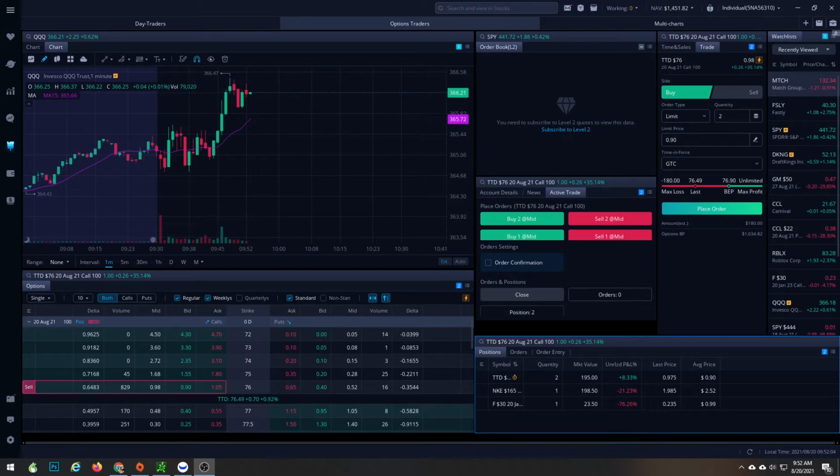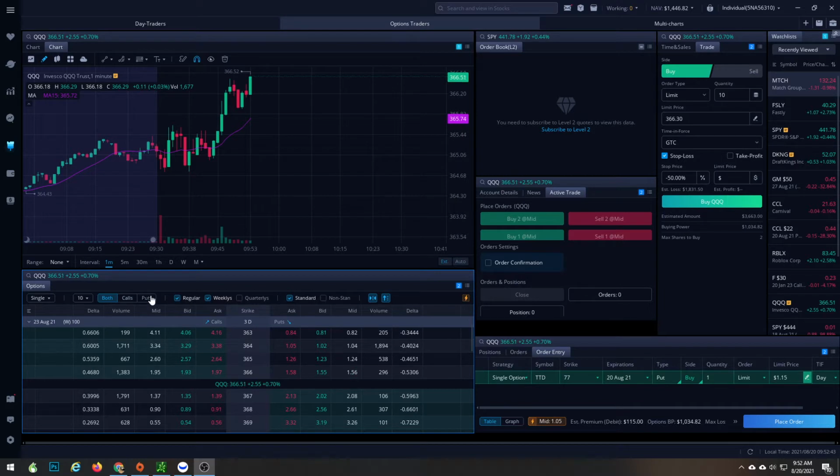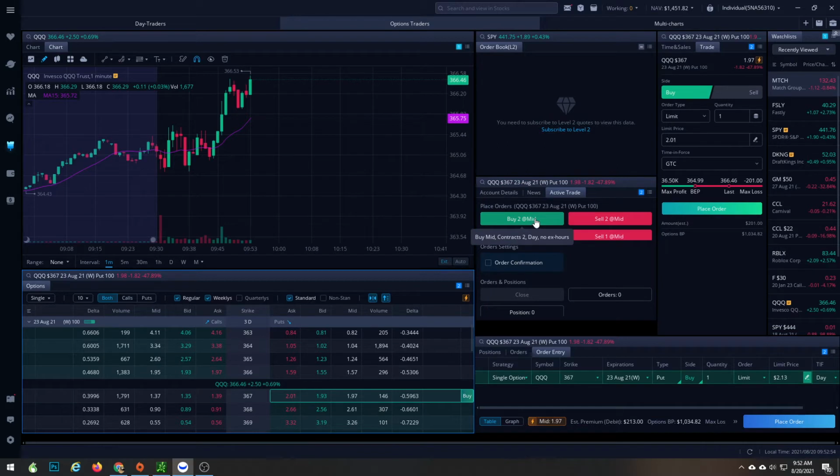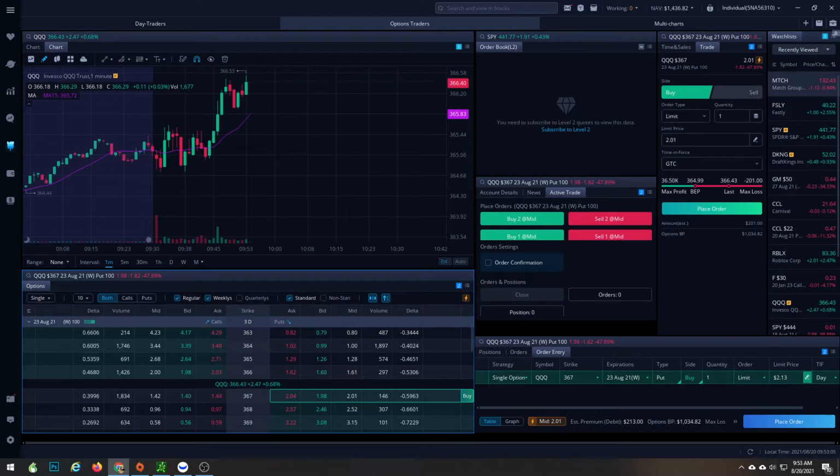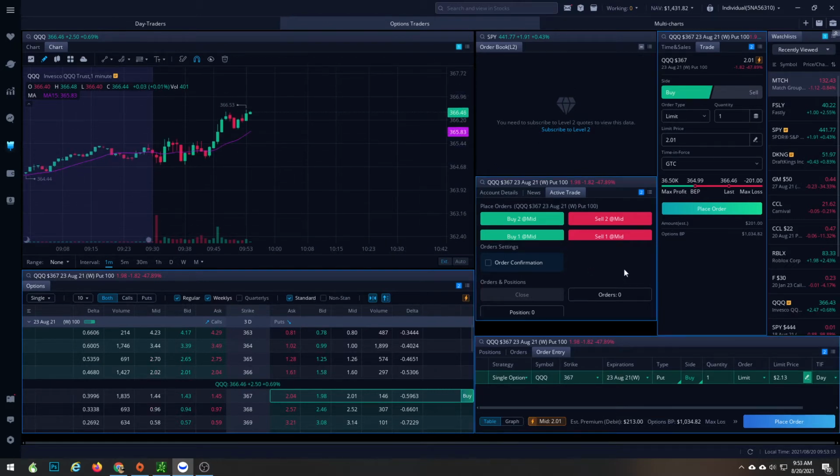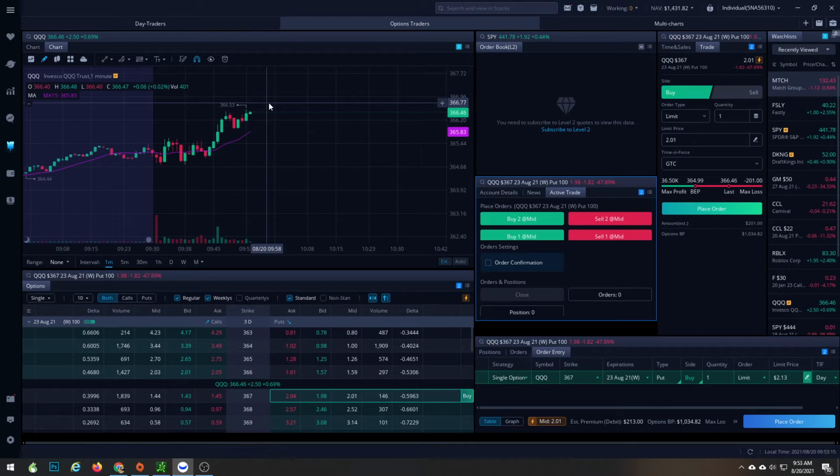Well, it's not moving yet, so we're just waiting a little bit, so I'll pause it. All right, we're finally getting that movement we're looking for. Perfect, perfect. Getting close. Getting closer. I'm looking to get in soon, probably around this 366 level.